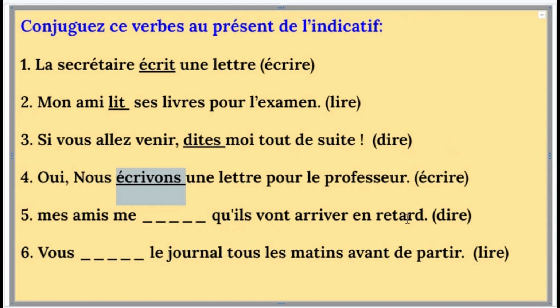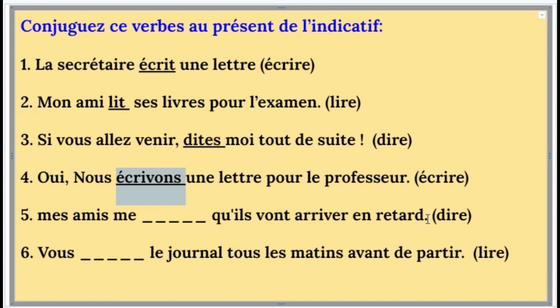Okay. Now the fifth one, mes amis, my friends, mes amis, me dash qu'ils vont arriver en retard. The verb dire is here. The sentence wants to say that my friends, they tell me that they will arrive late.